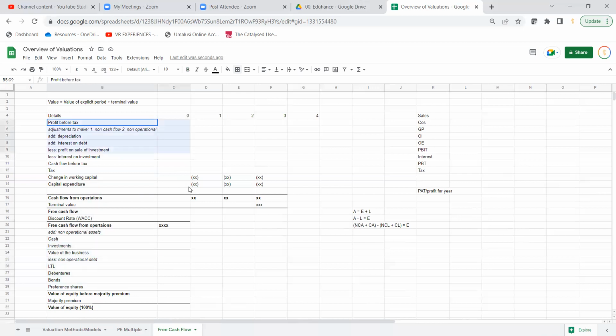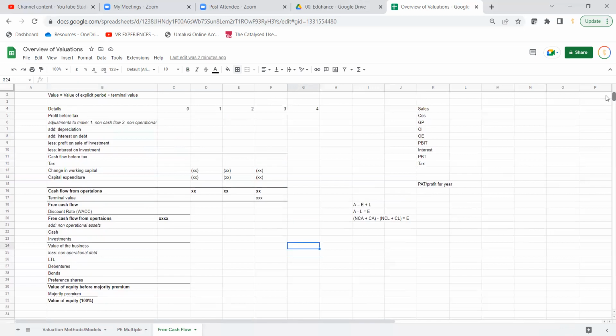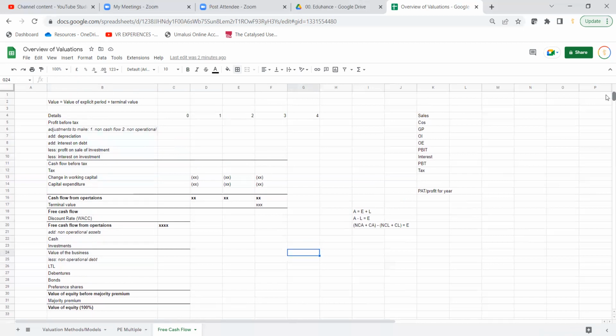They can make this whole thing complicated, meaning when I say complicated, it means you must calculate every single number, and every single number or most of the numbers require you to think. But basically, this is how a free cash flow valuation would look like. Keep the format. The format is not cast in stone, because there can be other things that could change the format slightly here and there, but this is the general approach to a free cash flow calculation.